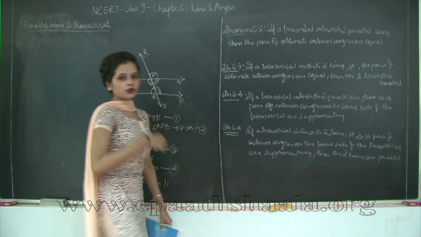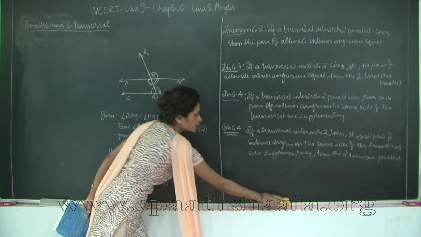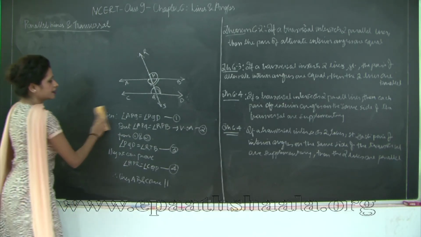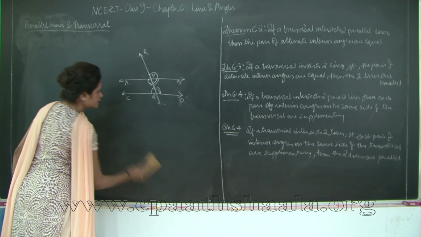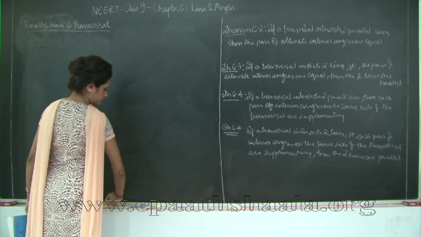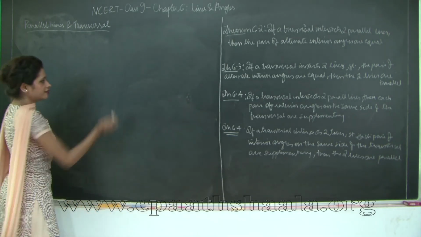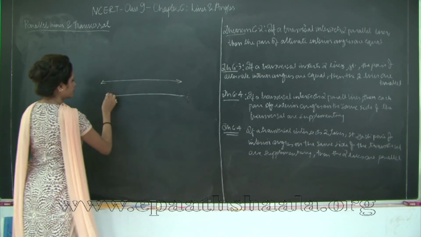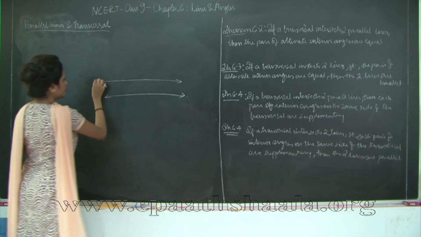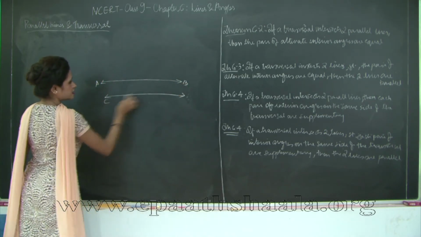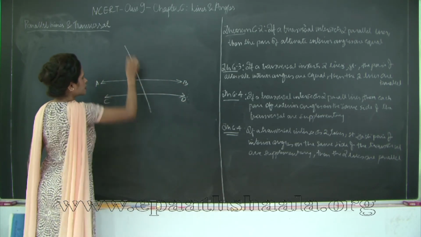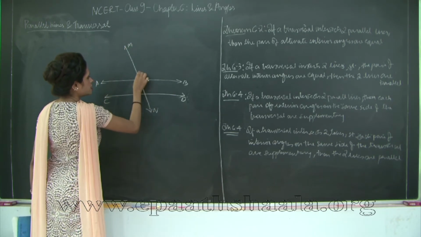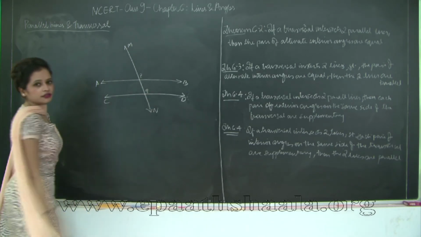Right? So let us quickly revise what we have done, because we have learnt about corresponding angles, alternate angles, as well as the sum of interior angles. If I have two parallel lines AB and CD and there's a transversal that intersects them, I'll say MN at points P and Q respectively.